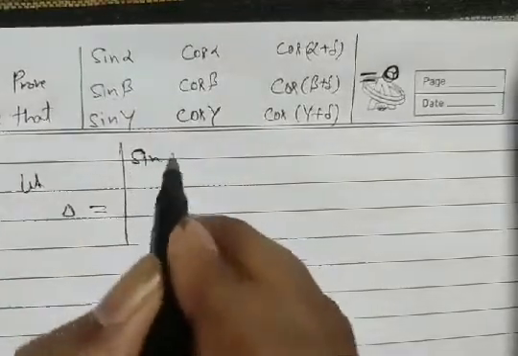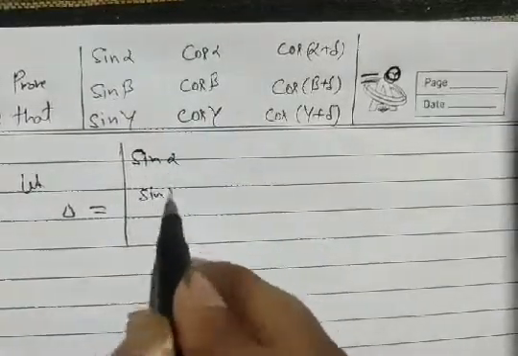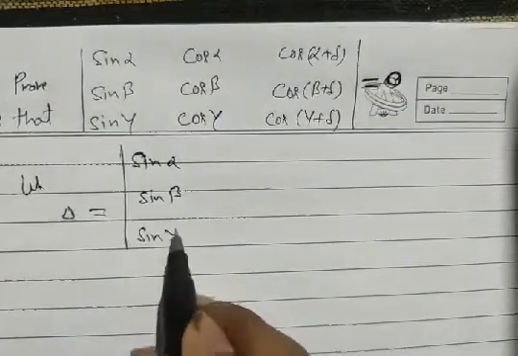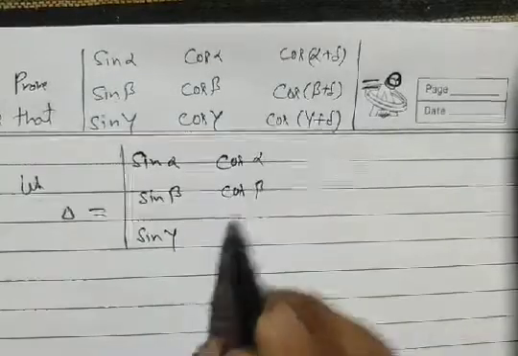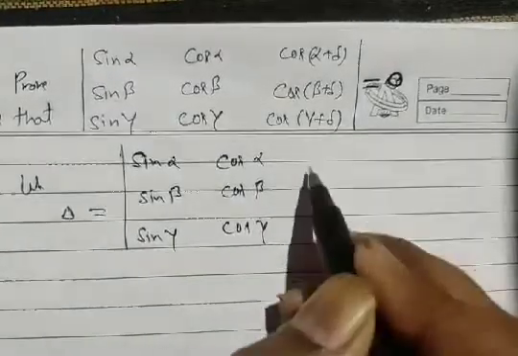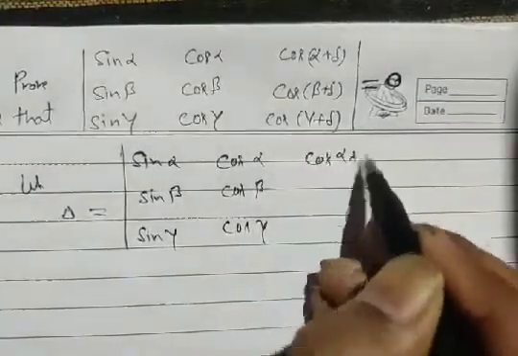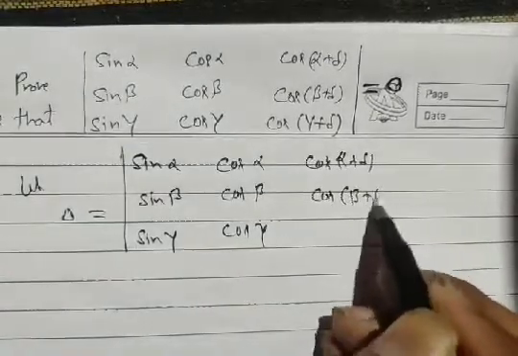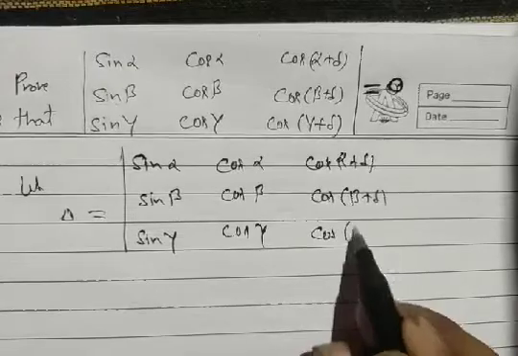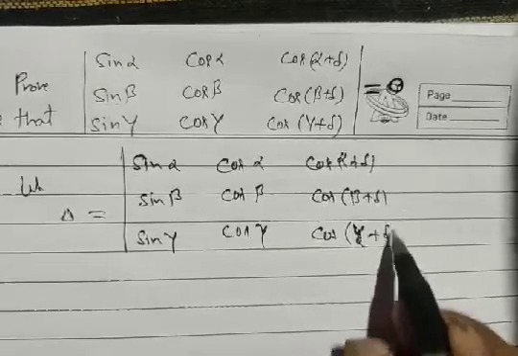Write down del is equal to the determinant with rows sine alpha, sine beta, sine gamma; cos alpha, cos beta, cos gamma; cos alpha plus delta, cos beta plus delta, cos gamma plus delta.